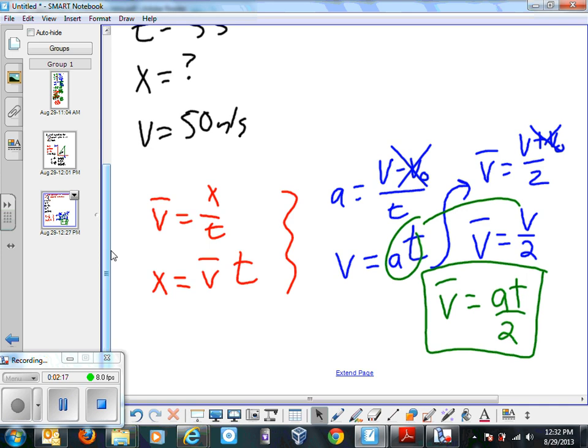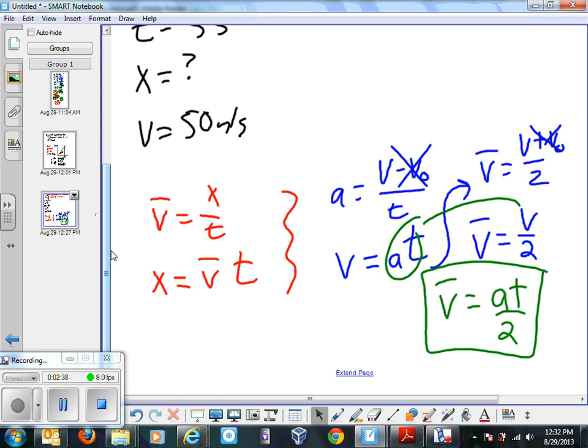Even though we don't start at 0 in every situation, the average v that is caused from the acceleration will always have this relationship with acceleration.